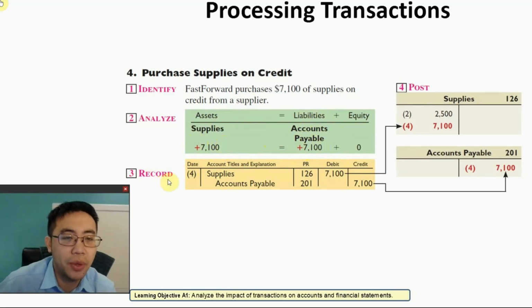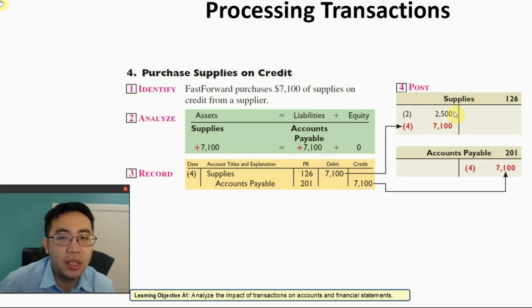And when you do the third step, recording, the supplies got an increase by $7,100. That's a debit for assets, and accounts payable got an increase because it's a liability. So when a liability increases, that's a credit. In the general ledger of supplies, there are 2 items now.